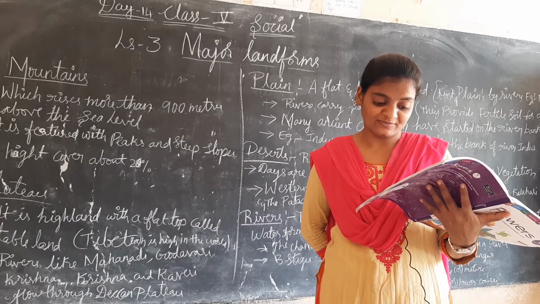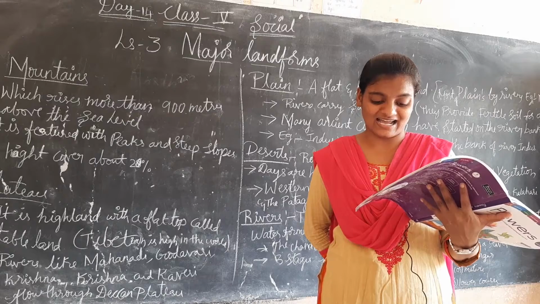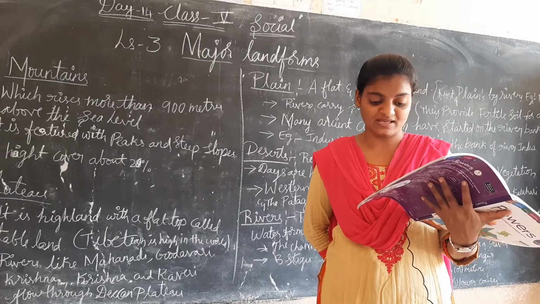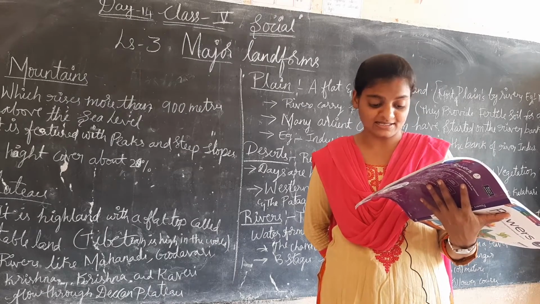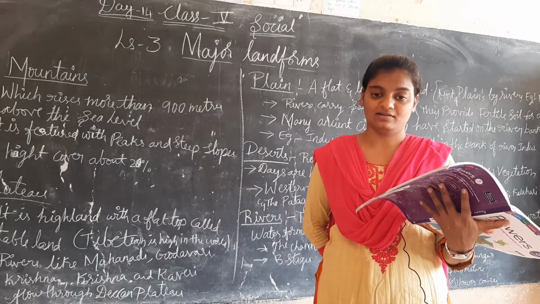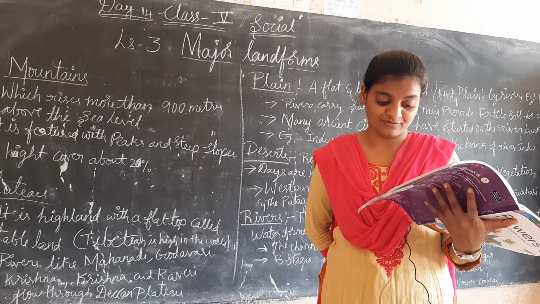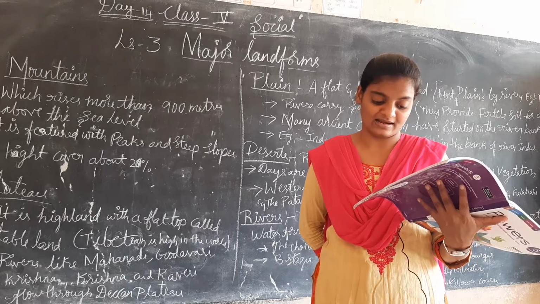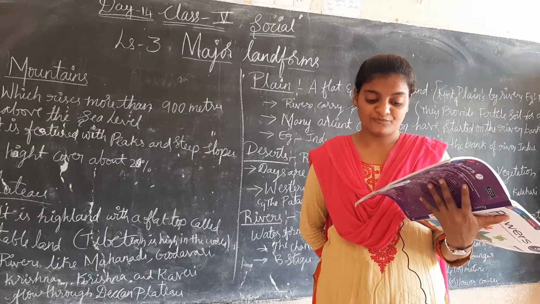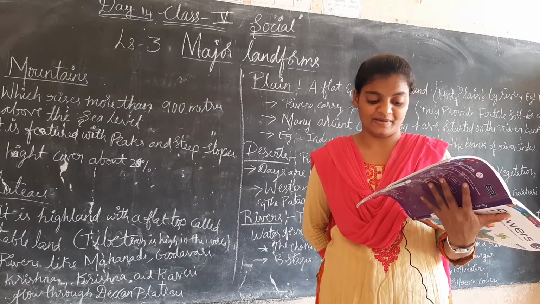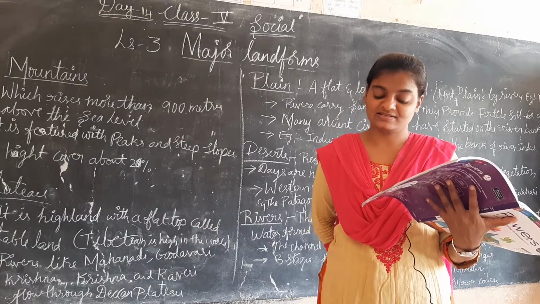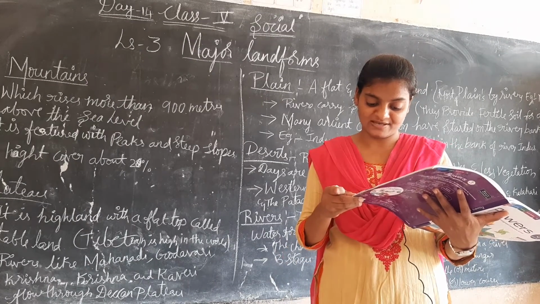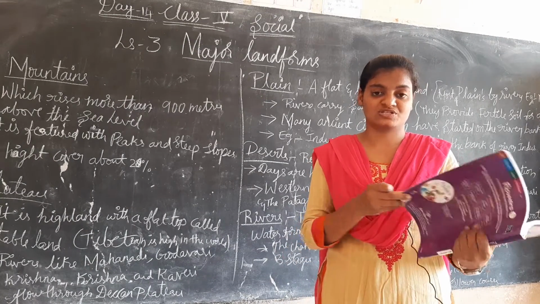Next, the river deposits the silt it carries near the mouth, forming a triangular-shaped land called a delta. The largest delta in the world is formed by the Ganga and the Brahmaputra rivers before they join the Bay of Bengal. Find out its name. Rivers form meanders in the middle course.